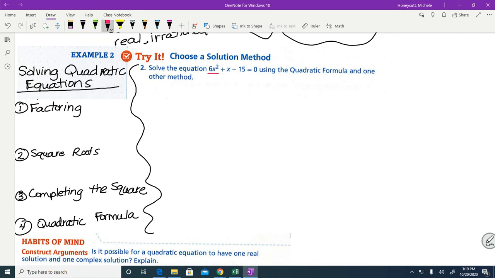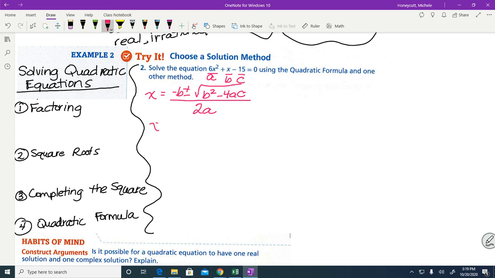It is in the form ax squared plus bx plus c equals 0. My a is 6, b is 1, and c is negative 15. So x equals negative b plus or minus the square root of b squared minus 4ac all over 2a.